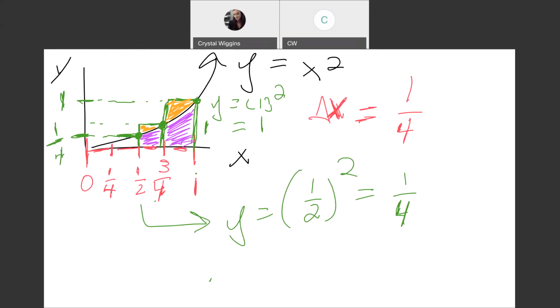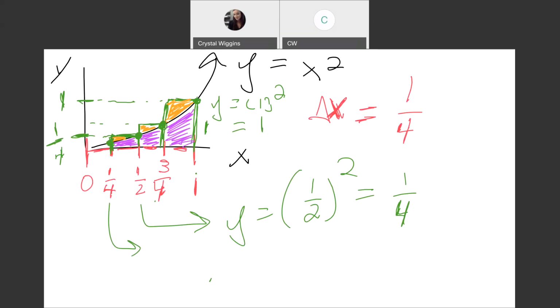Draw my next rectangle. Again, I'm going to have an overestimate. I have some area that's not a part of what's under the curve, but most of it is what's under the curve. My last rectangle, my fourth rectangle, will have a height of y when x equals a quarter.